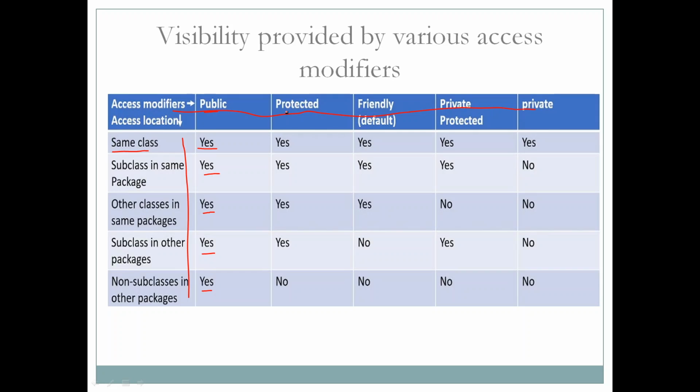In case of protected, even protected is accessible almost everywhere, with only one exception: non-subclasses in other packages. As we have seen in the diagram, non-subclasses in another folder cannot access protected members, otherwise it is accessible everywhere.